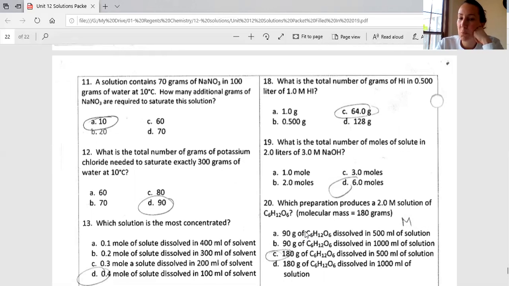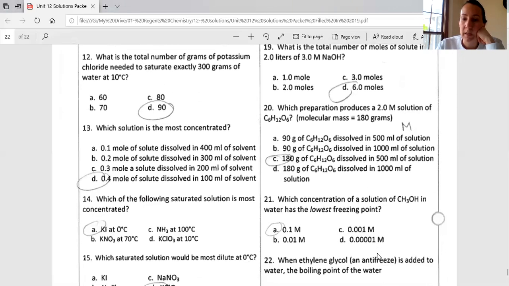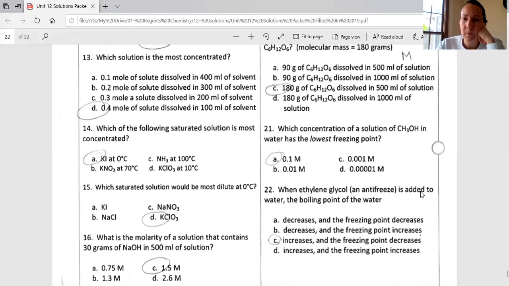So in choice A, it's 0.5 divided by 0.5, that gives you 1. In B, you're doing 0.5 divided by 1 is 0.5. And the next two, 180 grams divided by 180 grams is 1 mole. So D is 1 mole divided by 1 liter is 1. So C is 1 mole divided by 0.5 is 2. All right, and then 2 more.